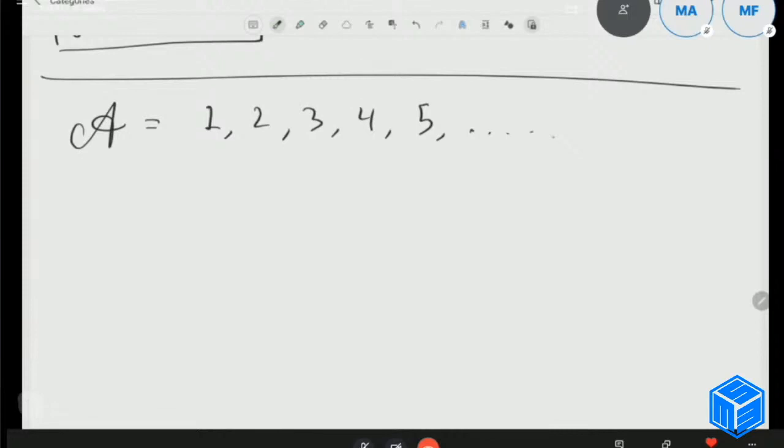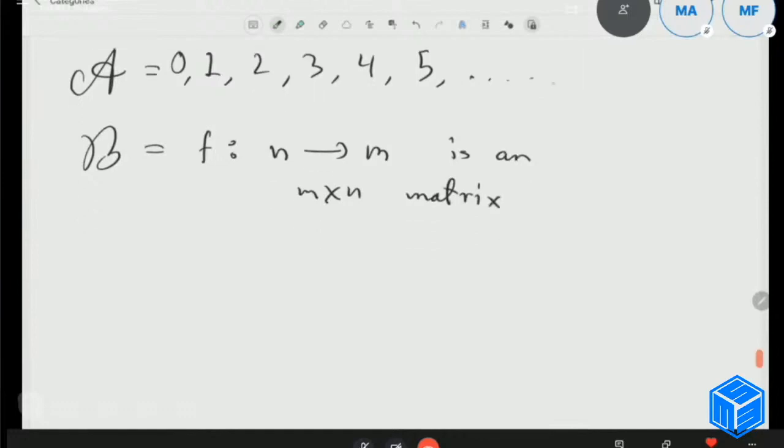I can have 0 too, why not? And the arrows are matrices. An arrow between n and m is an m by n matrix.